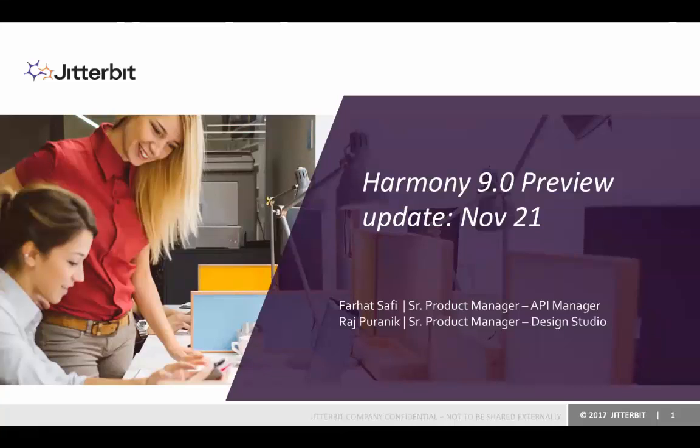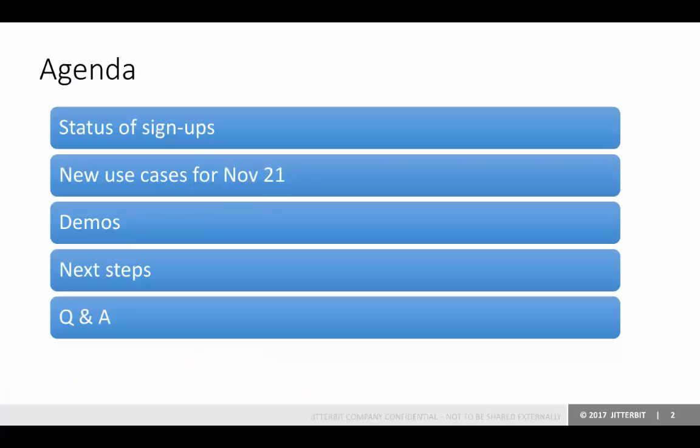So Harmony 9 preview, it's been a couple of weeks since our original webinar, and I believe that signups are still happening. So I wanted to throw it out there right now just to make sure everyone is clear on what the next steps are, which I'll review at the end as well. But specifically for signups, I want to start talking about that before we move on to the actual product.